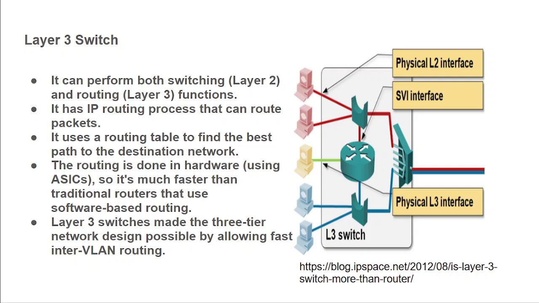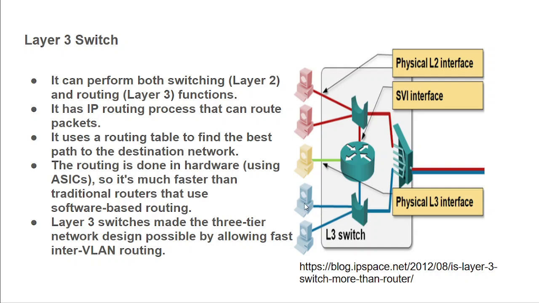To talk about the method using a layer 3 switch, we first talk about the layer 3 switch structure. I borrowed this picture again from another link. This block is a layer 3 switch, and each device in a different color represents a different VLAN.